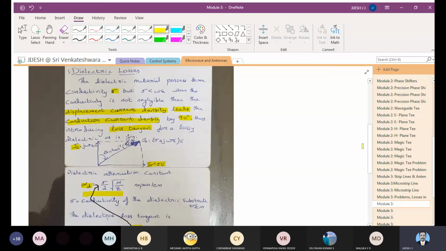We'll go ahead with the dielectric losses, where you have the equation for alpha D. You can just note these things down and we will continue. It is a bit lengthy, with a few equations to go ahead with.